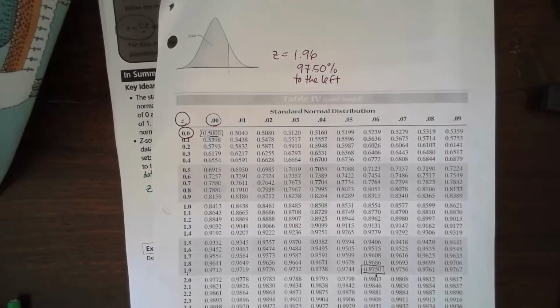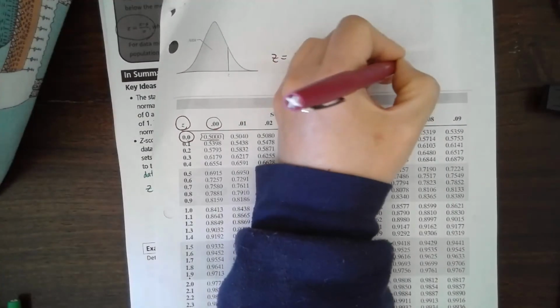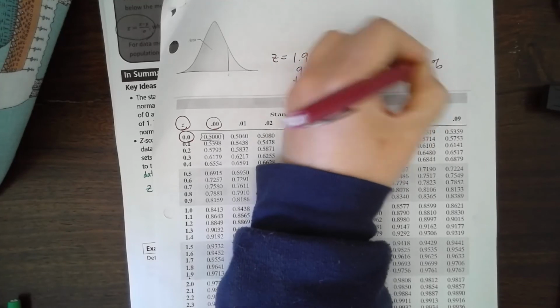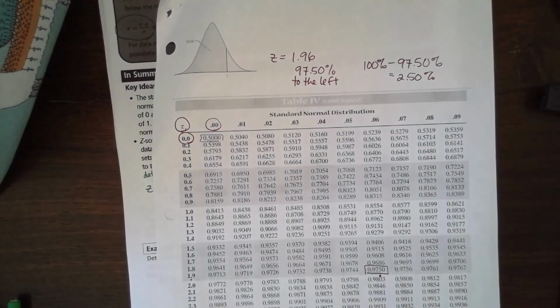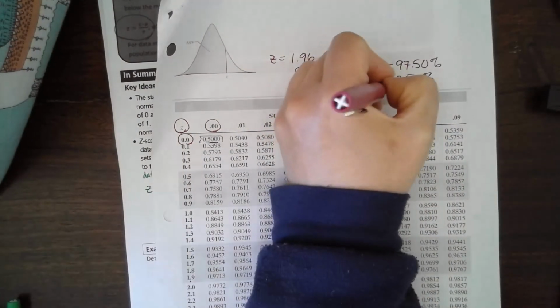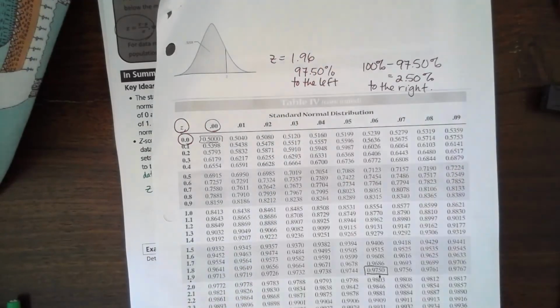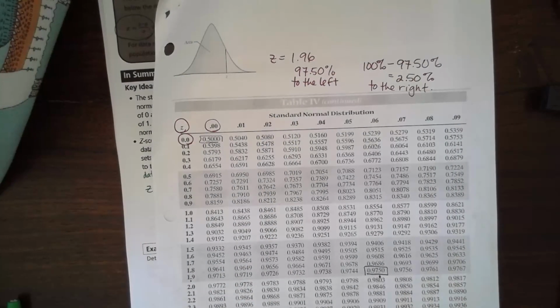This question asks how much is to the right, so we can take 100% and subtract 97.50, and we're going to get 2.50% of the data is to the right. Which means only 2.5% of the data has a z-score higher than 1.96. So only 2.5% of the data is above 1.96 standard deviations away from the mean.